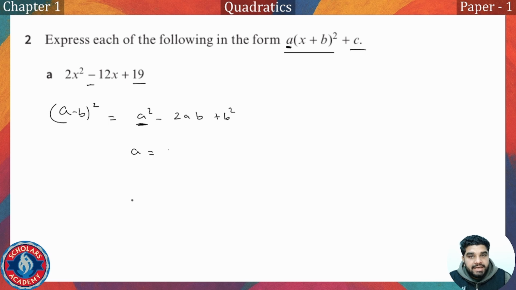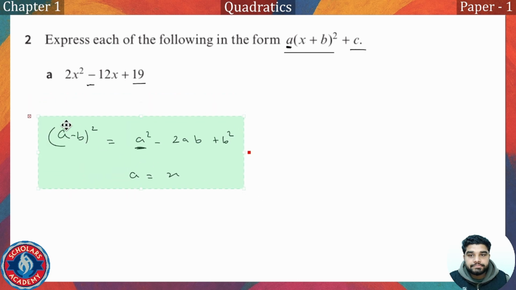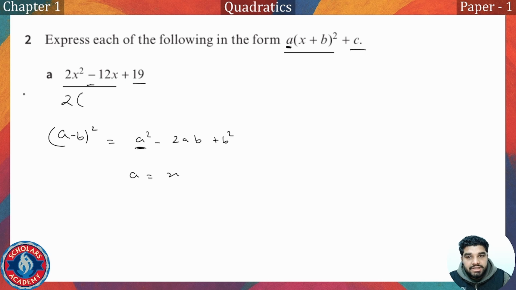Let's first write a as x. So if we take 2 common, we can write it like this. So one sec. So if I take 2 common from these two terms only, not 19, it becomes x square minus 6x plus 19, right?